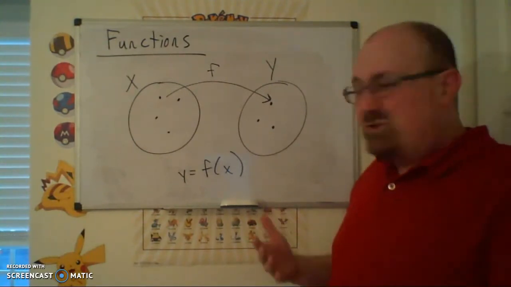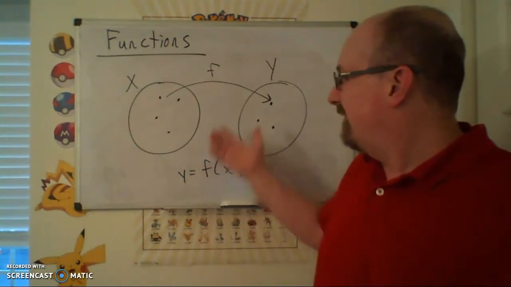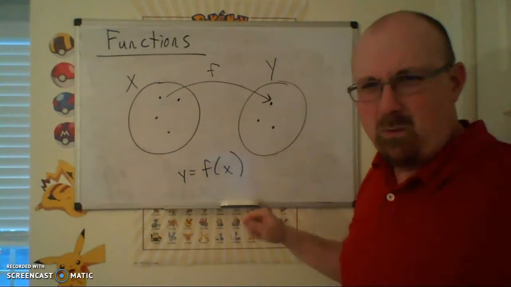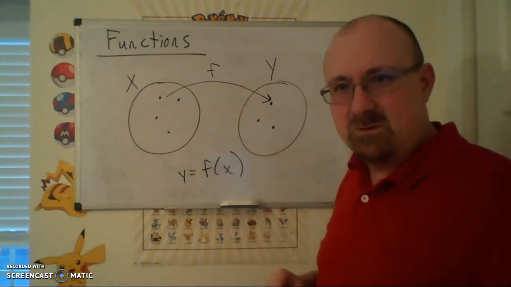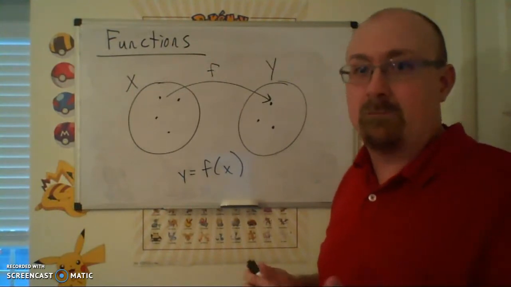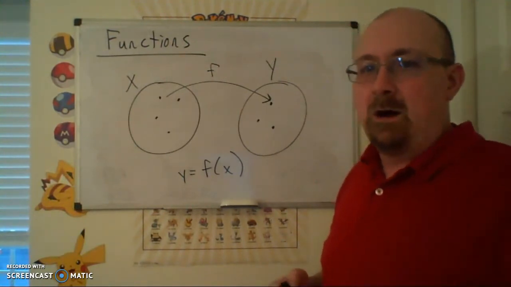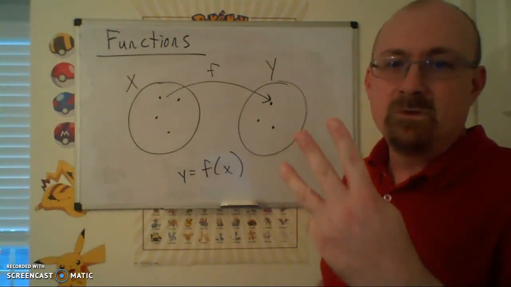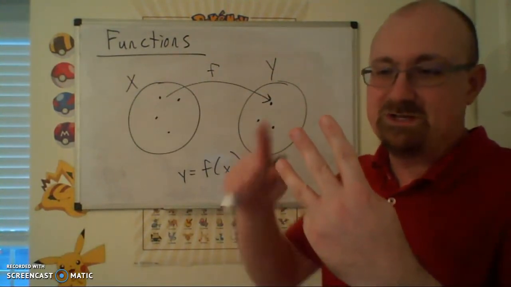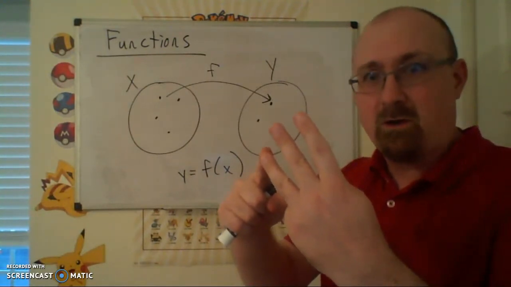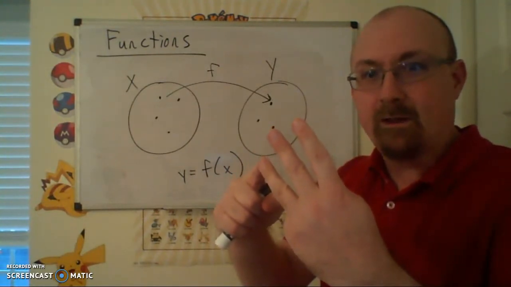Most of the time, we're not going to be dealing with functions at this abstract level, where we're just talking about generic sets and ways to connect dots between the two sets. The functions we're going to talk about come at us in 3 flavors essentially. You could see a function that comes to us via a graph, like a geometric representation, like a graph on your calculator or generator.